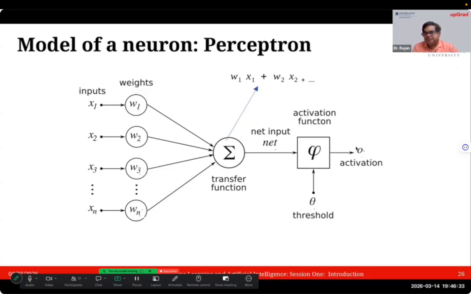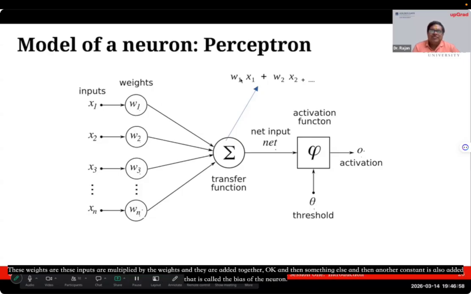So this is a similar structure. The inputs come in, and in our model, each input is multiplied by a coefficient. We call these coefficients weights when we are talking about neurons. In general, we call them parameters.